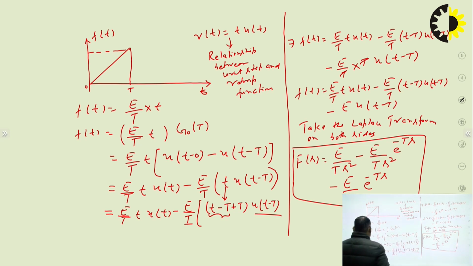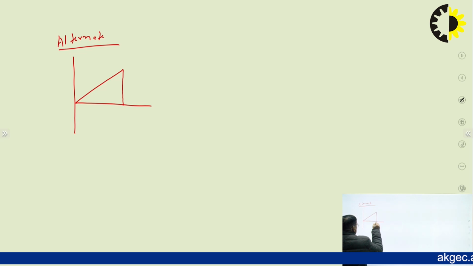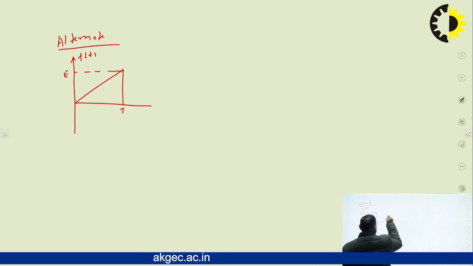We can verify this result with the help of graphical composition, an alternate method we have studied earlier. I am just reminding you here. Suppose this is your one cycle sawtooth. So this f(t) can be broken into components like this.